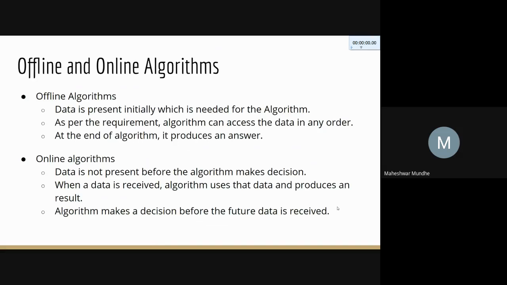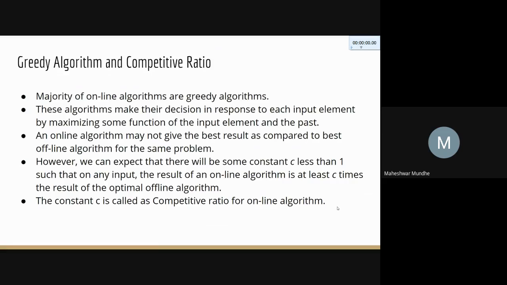So on the next slide, we'll go through the greedy algorithm and its competitive ratio. Majority of the online algorithms are greedy algorithms, and these algorithms make their decision in response to each input by maximizing some function based on the input element which is received and based on the past data.